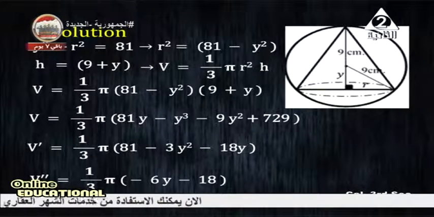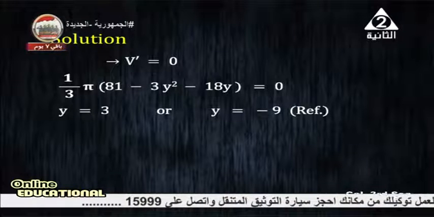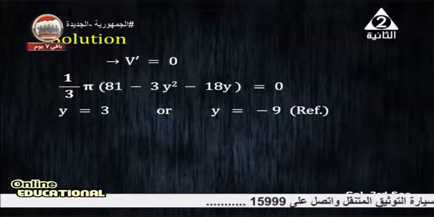Now, to get the critical point, we put V dash equal 0. When V dash equals 0, then one third pi multiplied by (81 minus 3y to the power 2 minus 18y) equals 0. By factorizing the expression, then y equals 3 or y equals negative 9.